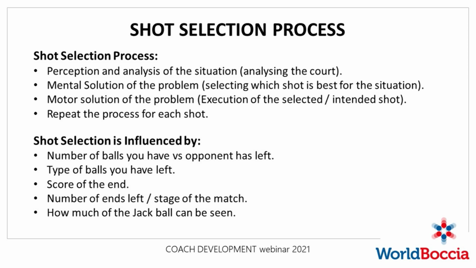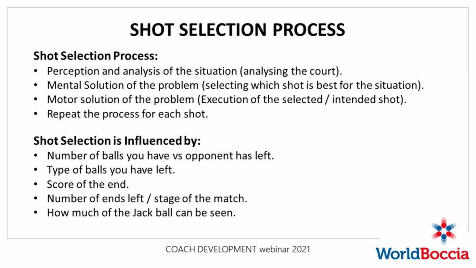As an athlete is analyzing this, different options in terms of what shot they want to play start to occur within their mind. It's important that the first step in the shot selection process is analysing the court, and this can start while your opposition is playing their shot, and then will develop once it becomes the athlete's turn to play.